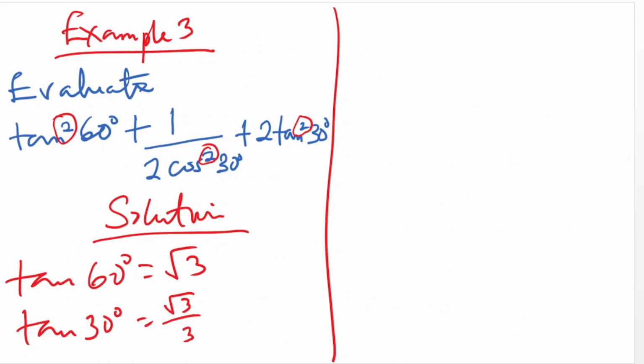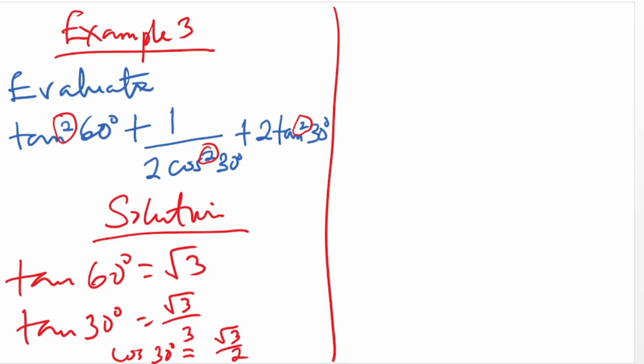Then it remains cos 30 degrees, we also look at that. Cos 30 degrees is root 3 over 2.